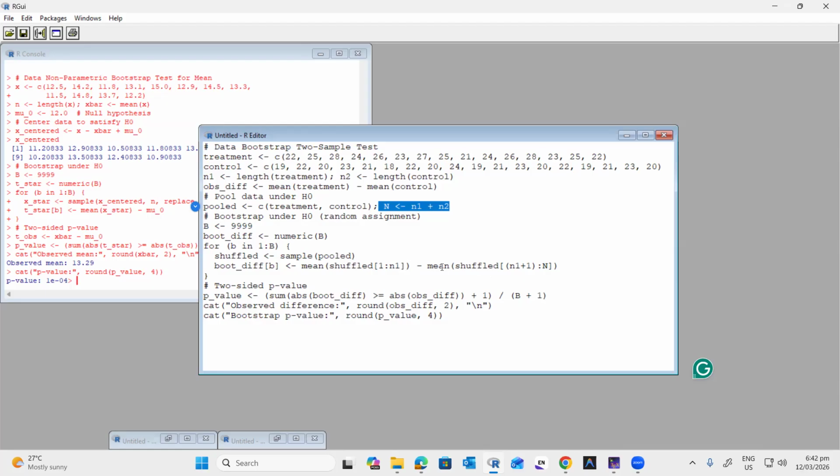Basically, we will call it the artificial split. The result is stored in the bth element of the boot differences.